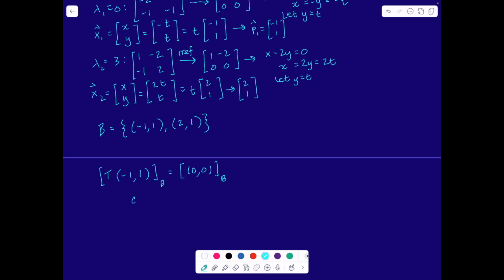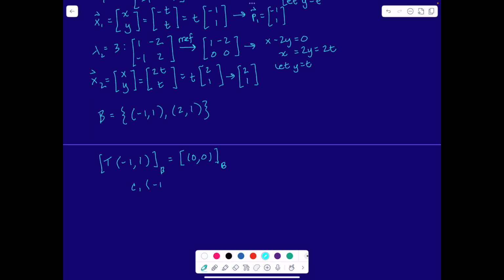So C1 times (-1, 1) plus C2 times (2, 1) would be equal to (0, 0), which would give us negative C1 plus 2C2 is 0, and C1 plus C2 is 0.